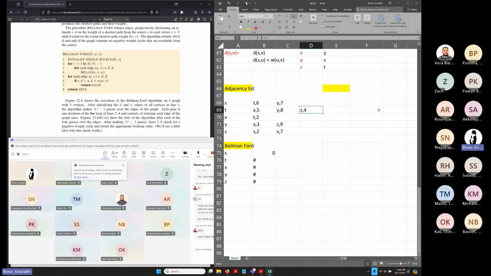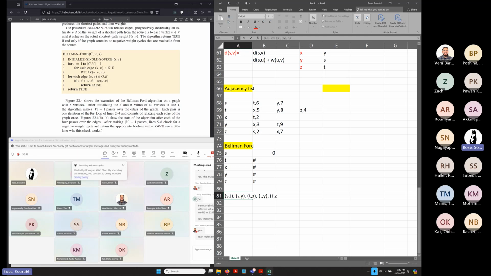So the edges are basically S comma T, then we will have S comma Y, then we will have T comma X, then T comma Y. And these will also contain costs. I'm just being lazy. T comma Z.